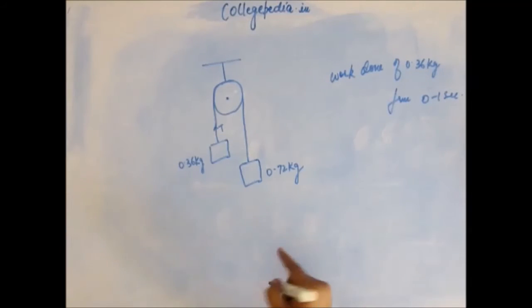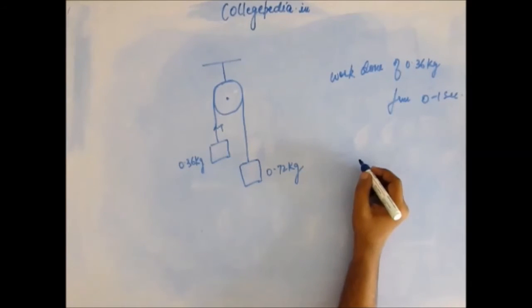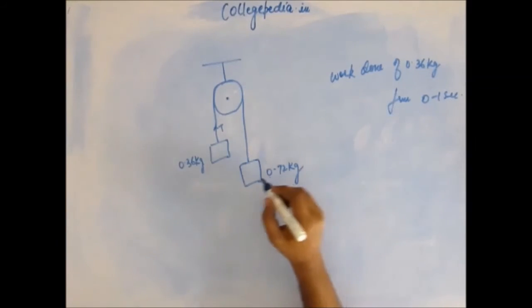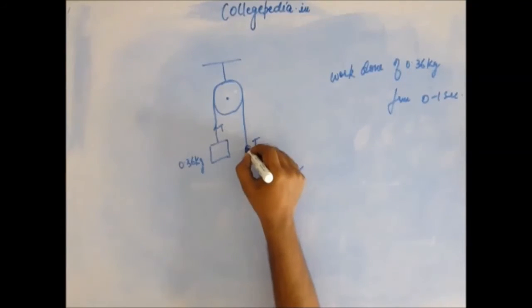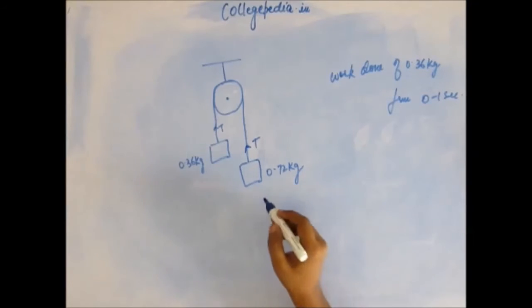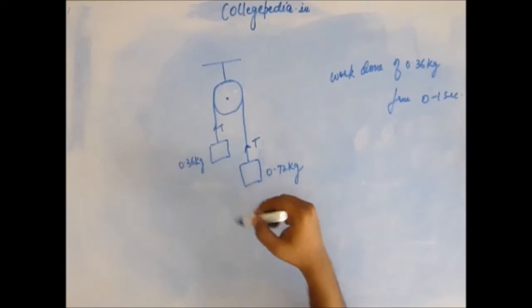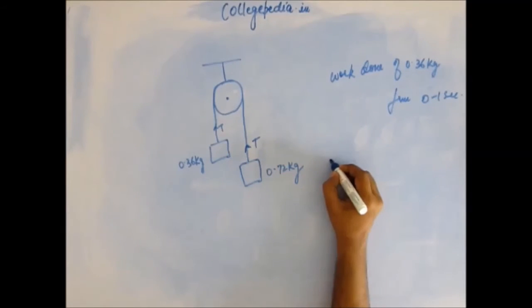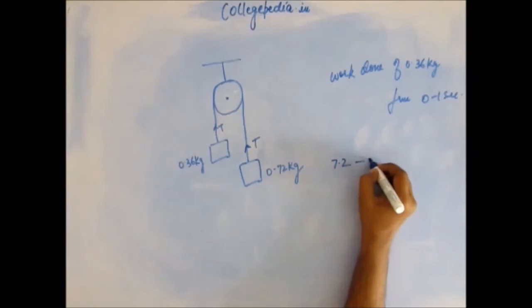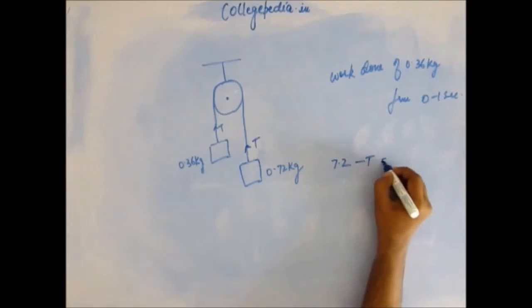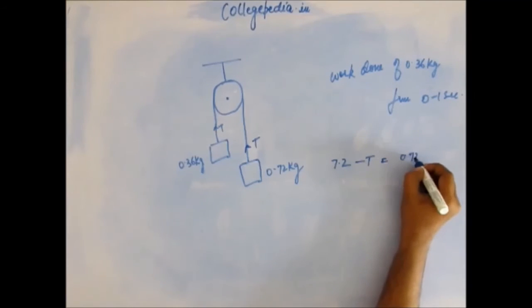To find the tension, we just have to write the simple Newton's law equation. Tension here would be upward, tension here would also be upward. We know tension is always away from the body. This mass, the heavier one, will come down. mg, that is 7.2, is acting downwards, minus T will be equal to mass into acceleration.